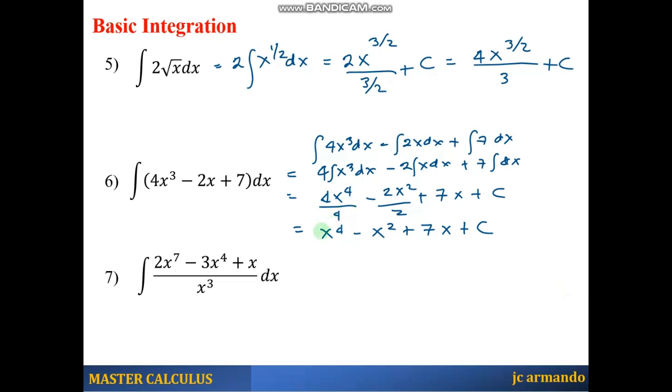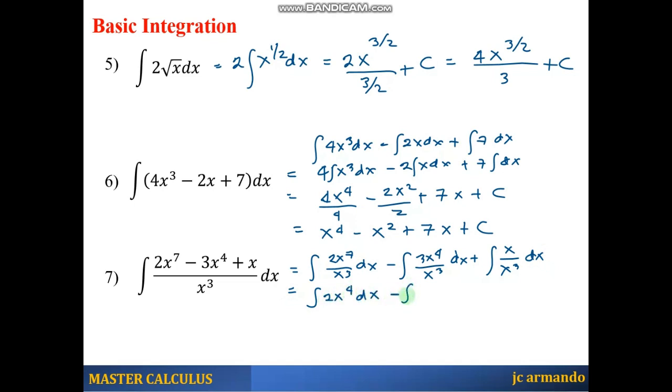Dito naman, parang derivative din lang, i-decompose nyo lang yan. So, magiging 2x to the 7 divided by x cubed minus 3x to the 4th divided by x cubed plus x over x cubed dx. So, this becomes 2x to the 7 minus 3, 4 dx minus 3 x to the 4th divided by x cubed is x dx plus x divided by x cubed is x to the negative 2 dx.